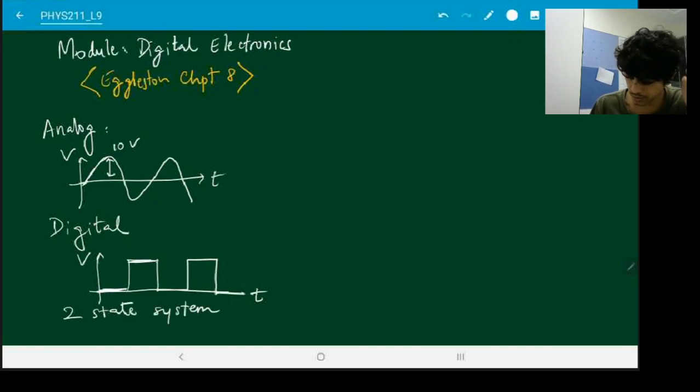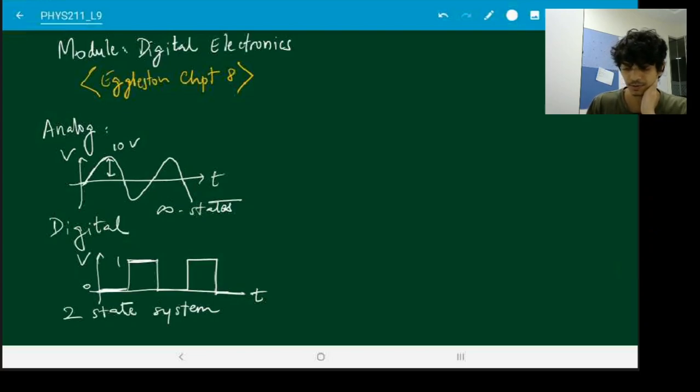An analog signal in principle has infinitely many states, as many as there are real numbers. But when you are working with digital electronics, you are only concerned with two possible values. You can call these 0 and 1. So that's all you're concerned with, nothing intermediate.